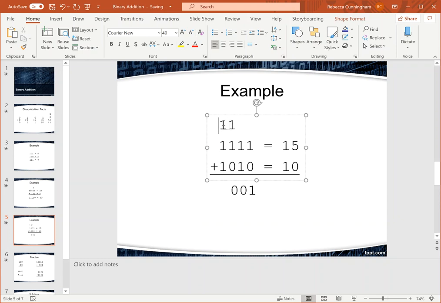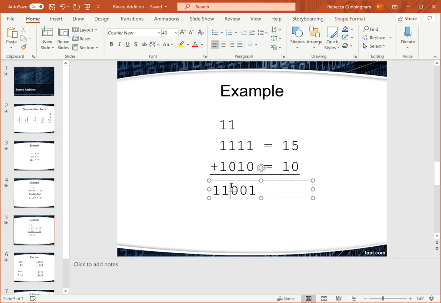Now in this last column, I've got 1 plus 1 plus 1, which is 3, and I write 1, 1. I think that has everything lined up correctly. Now, notice that I was adding 4 bits and 4 bits initially, and my answer is now 5 bits long, because of that last column.